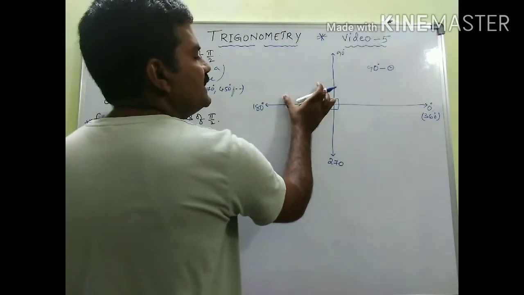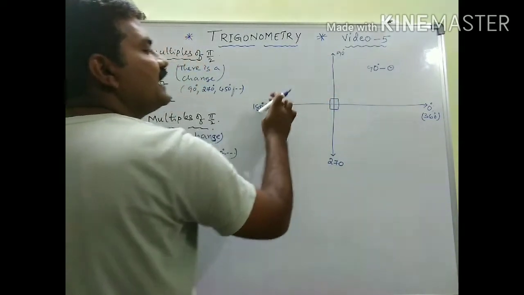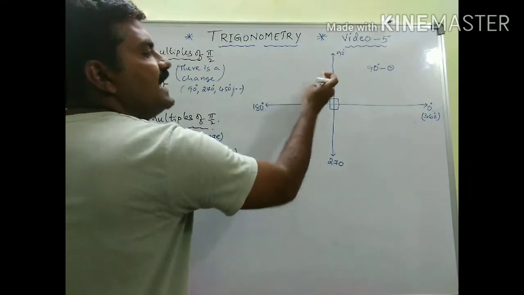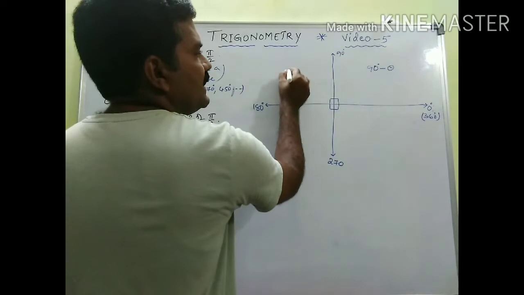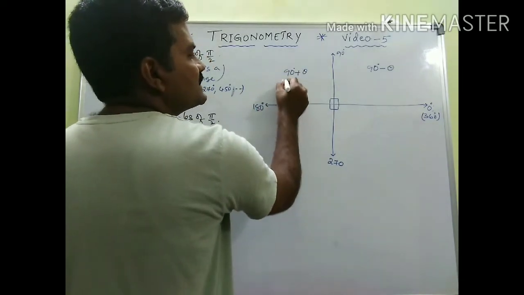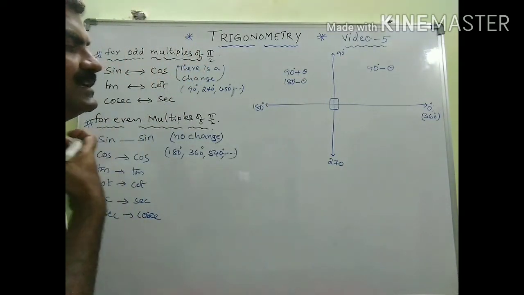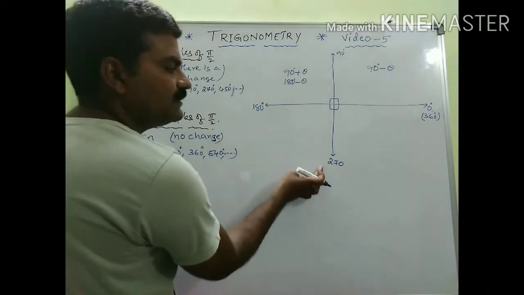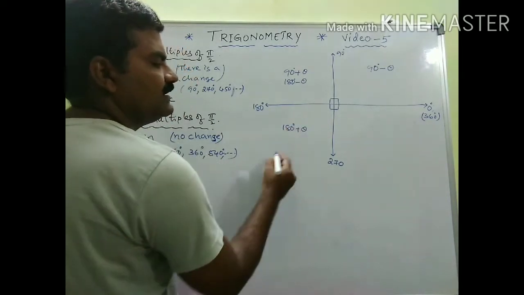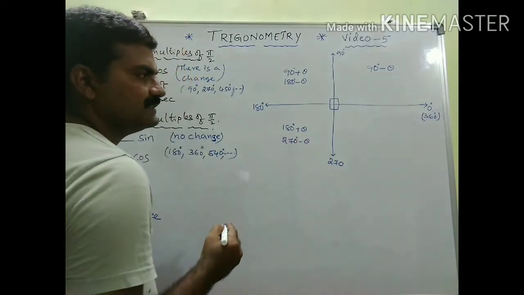And coming to here, the angles should be in between 90 to 180, more than 90, less than 180. More than 90, I can write it as 90 plus theta, and less than 180, I can write it as 180 minus theta. Similarly, this is in between 180 to 270: more than 180, so 180 plus theta, and less than 270, which is 270 minus theta.